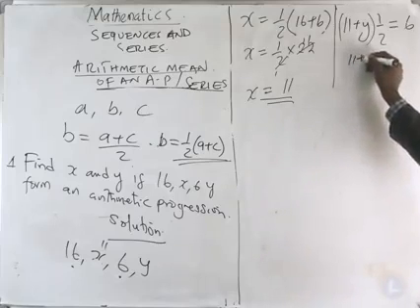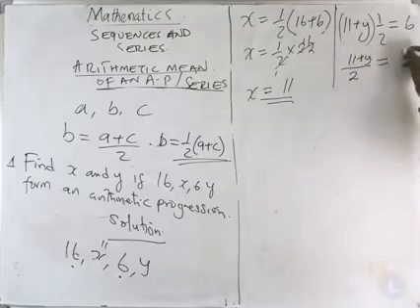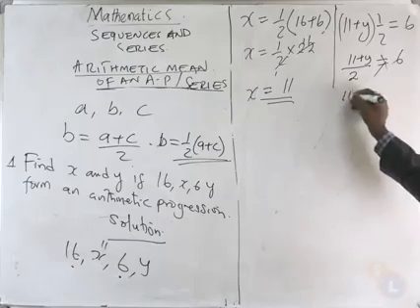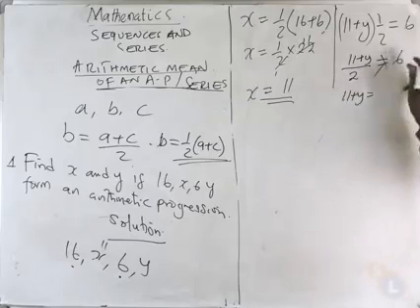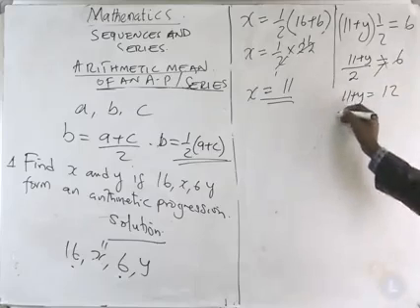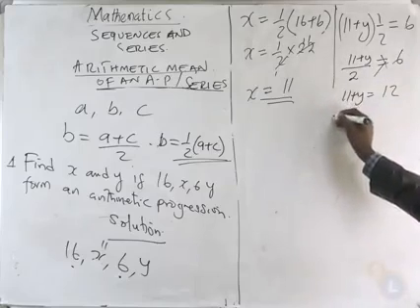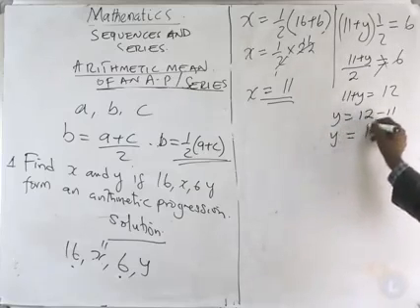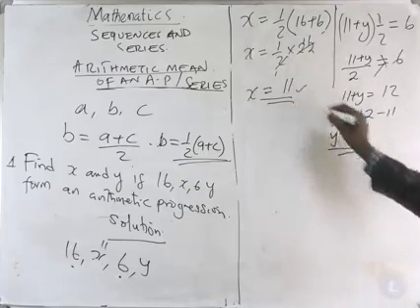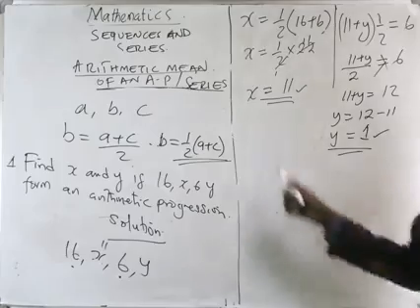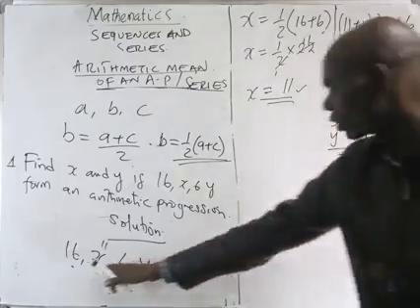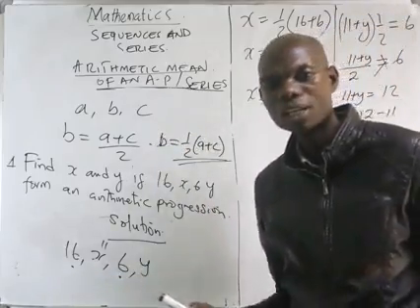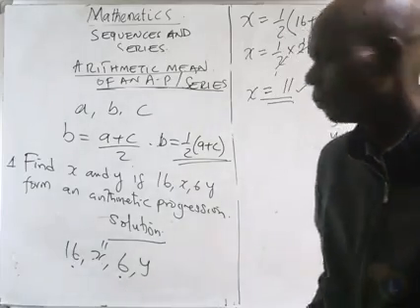So 11 plus y over 2 is equal to 6. When we cross multiply, 11 plus y is equal to 2 times 6, which is 12. So y will be 12 minus 11, which is 1. So you can see that we have calculated both the values of x and y just by applying the simple principle of finding the arithmetic mean.